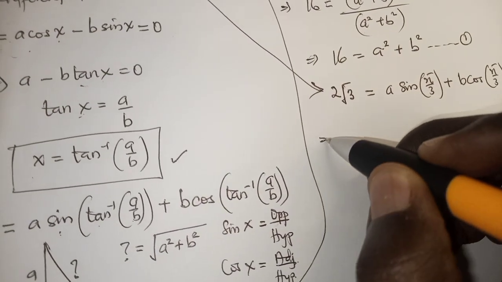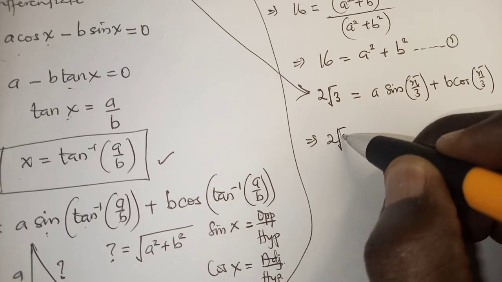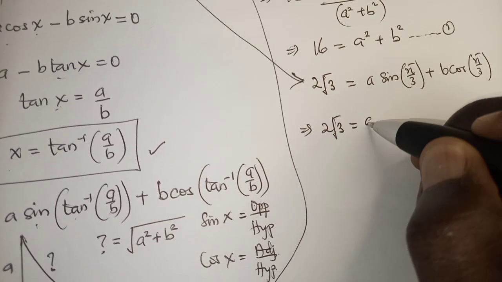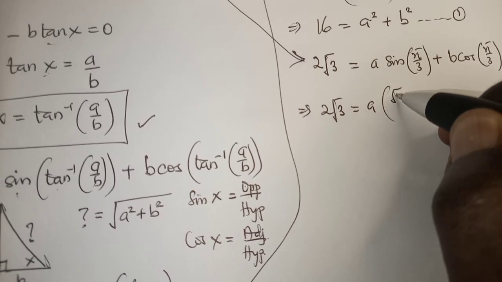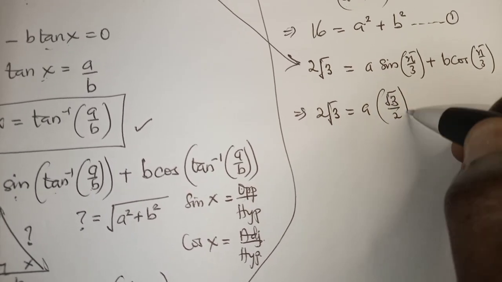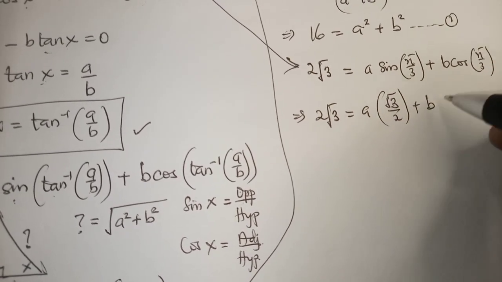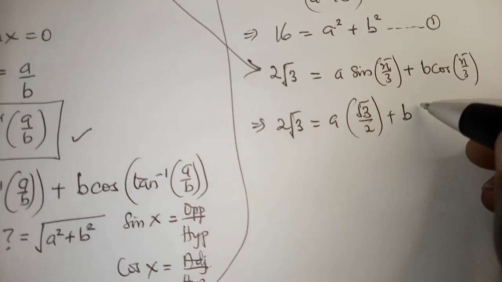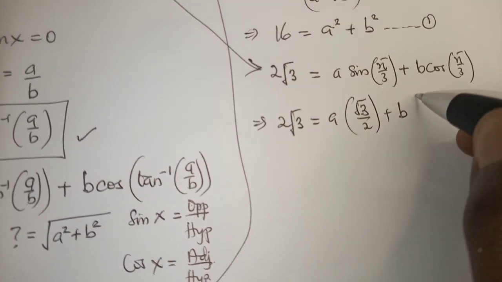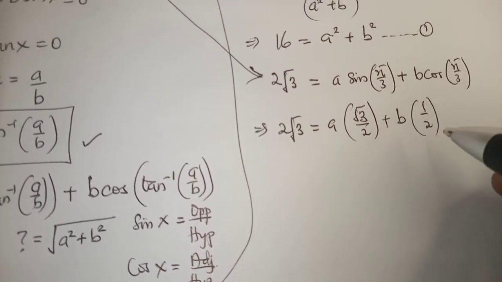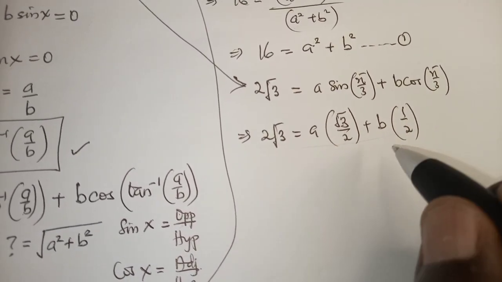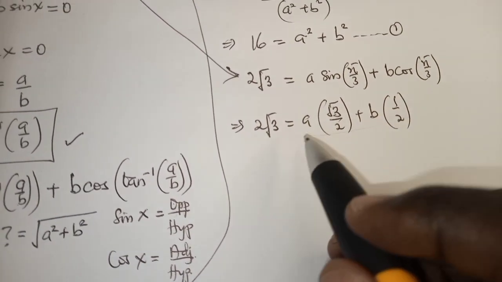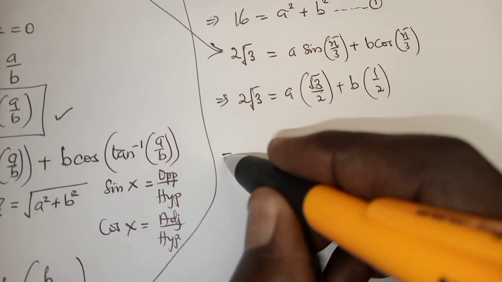So this implies that 2 root 3 equals a sine of pi on 3, which is the square root of 3 on 2, plus b cos pi on 3, which is 1 on 2. We can simplify this by multiplying through by the LCM.